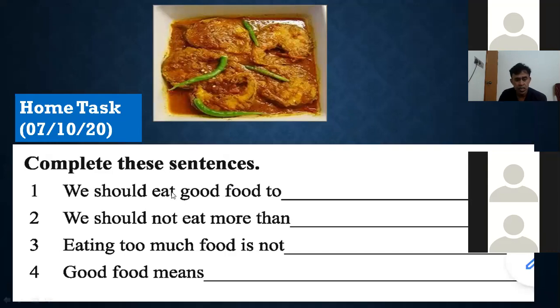We should eat good food too. Why should we eat good food? I don't like to explain it, as I have said it as your home task. Number B, two, we should not eat more than.